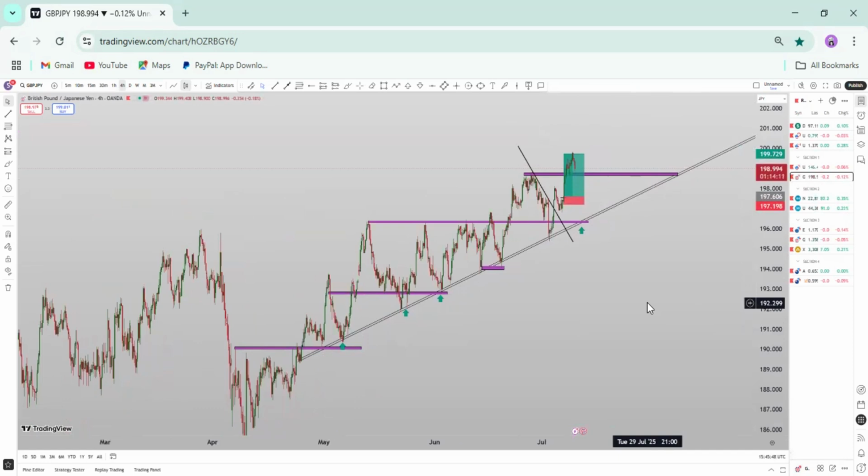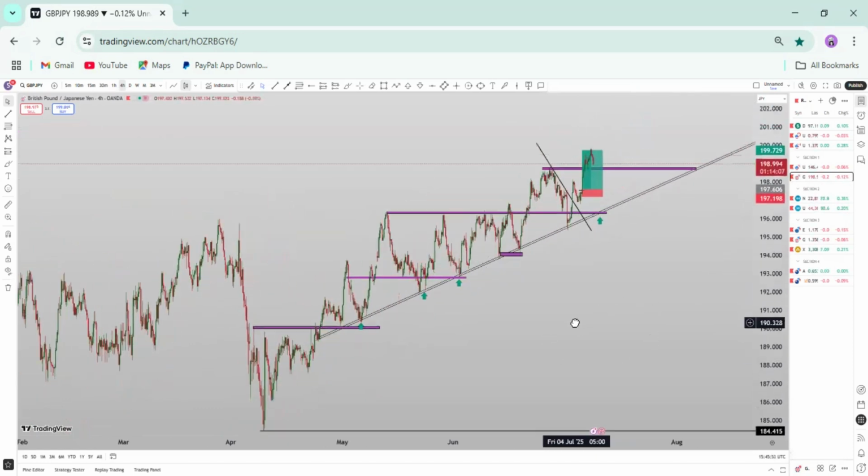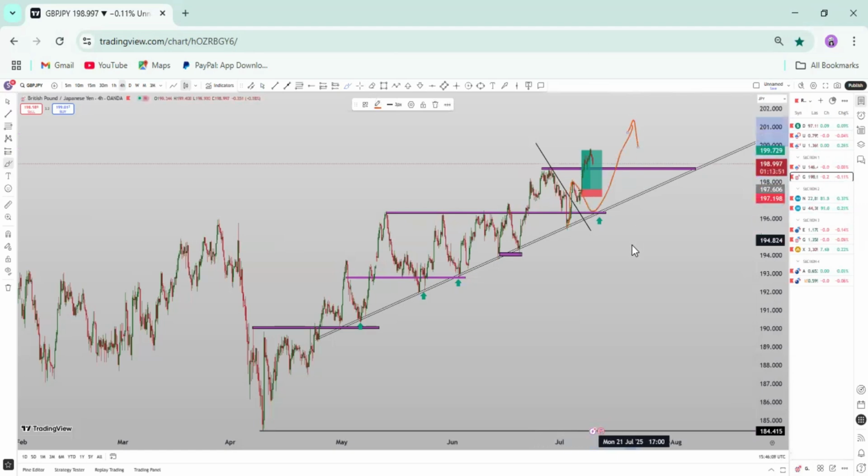GJ did exactly as I told you in my previous video. If you have checked my previous video, I drew this counter trend line around here, and I told you I want this market to break this counter trend line, retest, then I will take that trade for a buy.